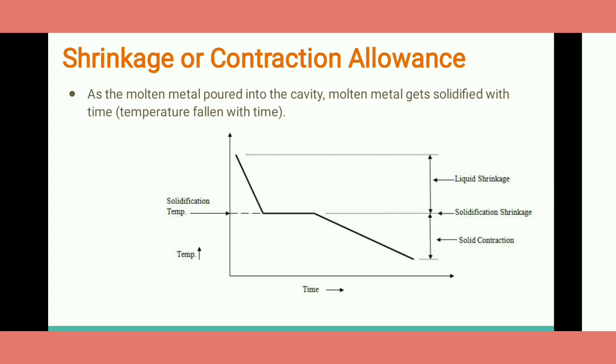Shrinkage allowance or contraction allowance occurs when the molten material becomes a solid part. As we know, when we melt a material, it exists in three phases: liquid phase, solidification or phase transition, and the solid phase. I'm using this graph, where on the x-axis there is time, and on the y-axis there is temperature.